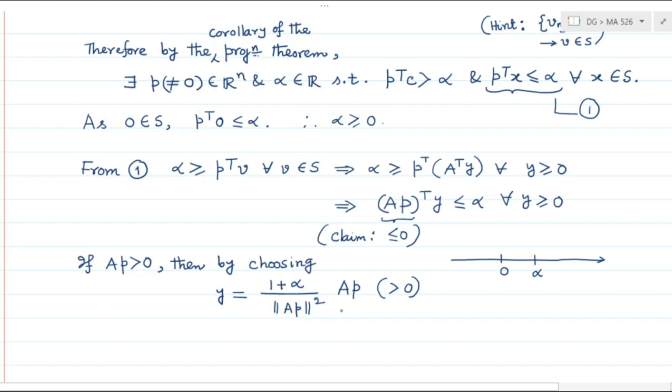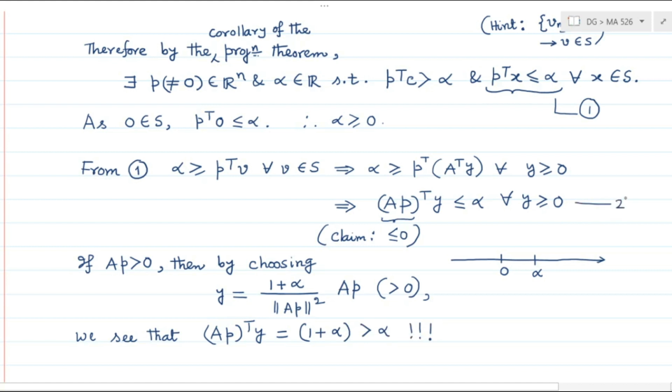By choosing this, AP transpose y, you just calculate quickly, is equal to 1 plus alpha, and this 1 plus alpha is obviously greater than alpha.